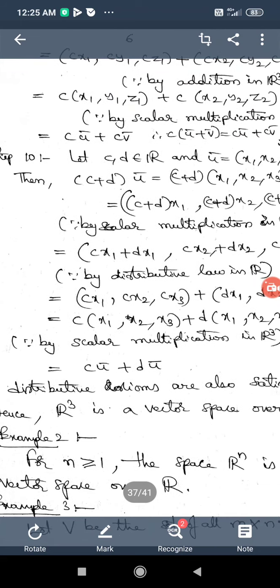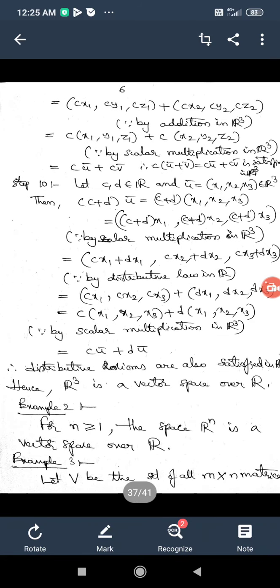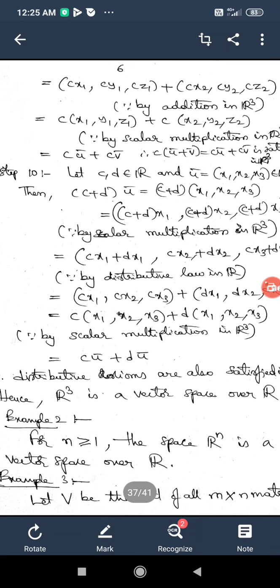And the last step, that is the 10th one, here I am taking two scalars c and d from R and one vector x1, x2, x3 from R3. c plus d times u bar is equal to c plus d times x1, x2, x3, and this c plus d we can multiply to each element in that vector by the scalar multiplication in the set R3, which we have proved in step 6.